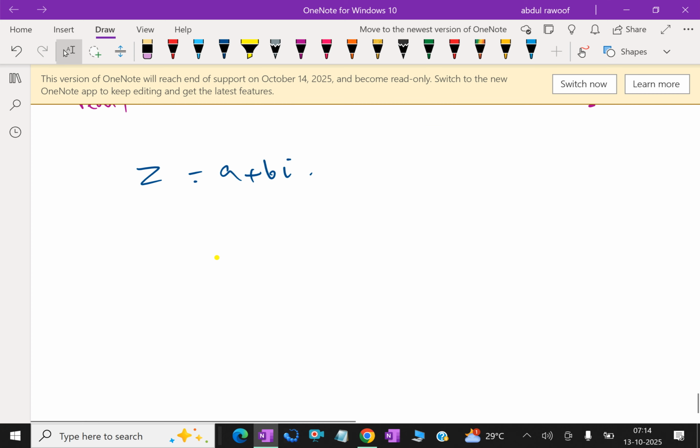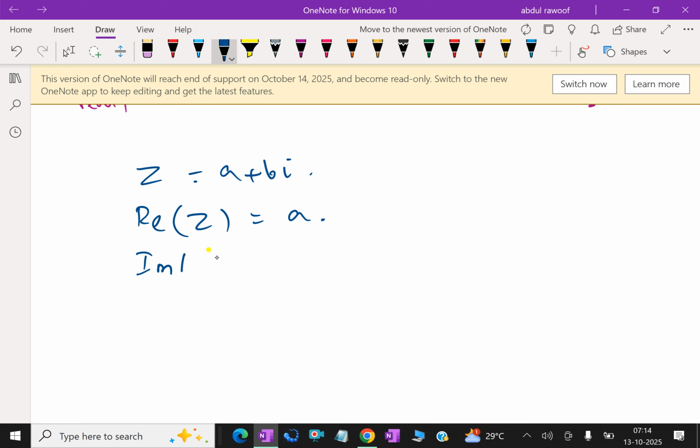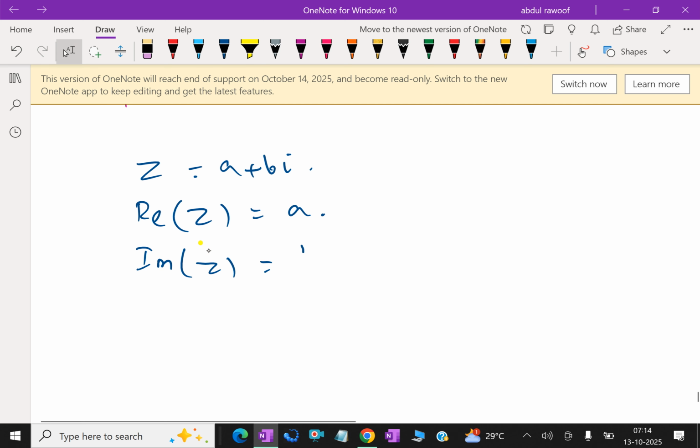Then the real part of z, Re of z, equals a, and the imaginary part of z equals b. So z equal to a plus bi is a complex number, whose real part is a and imaginary part is b.